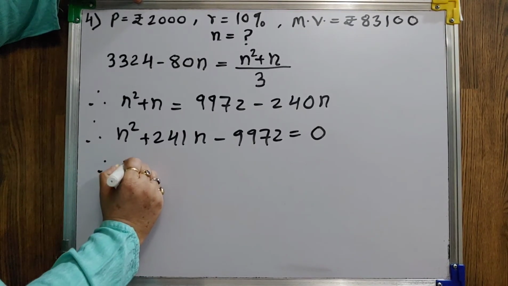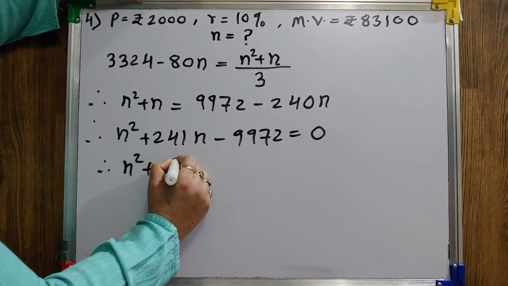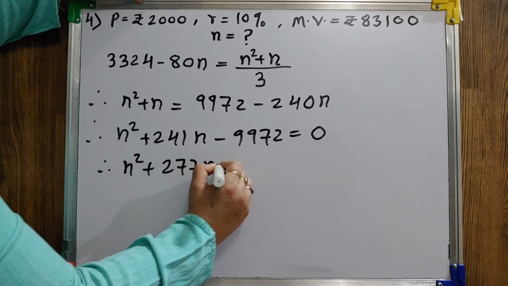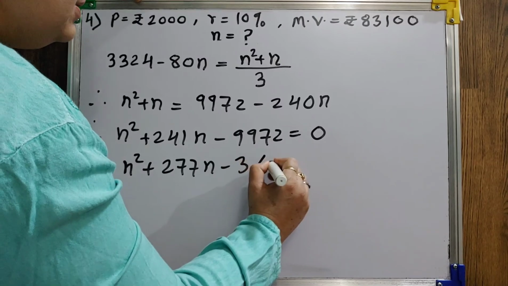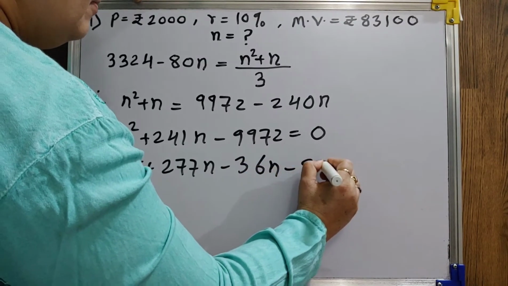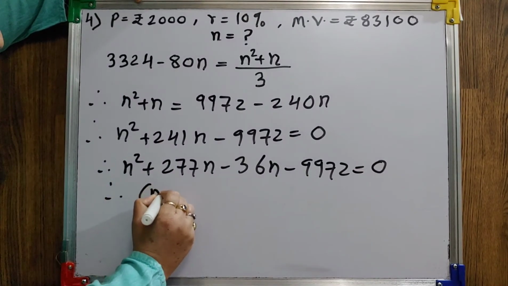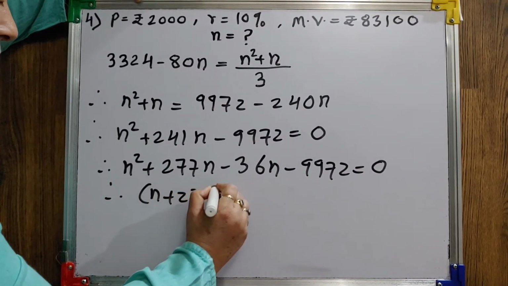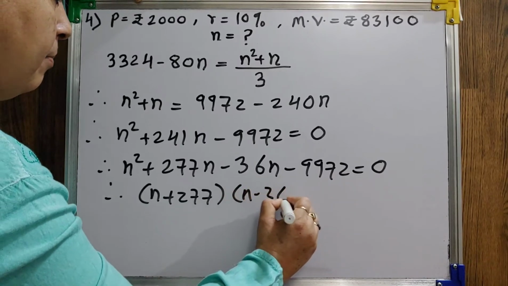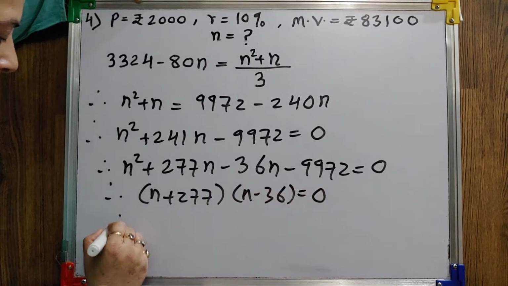So my factors are 277 and 36. So you'll get two brackets, n plus 277 and n minus 36.